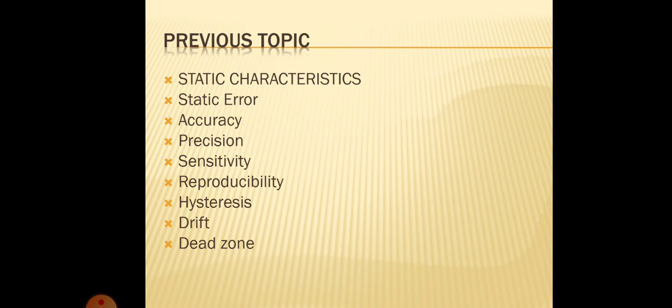And the static characteristics which should be low or which are not required or which are not positive for that instrument are called the undesirable characteristics. So all these were discussed in the previous lecture one by one in detail. We have seen the definitions, the formulas, and everything about each point. And today's topic is dynamic characteristics.